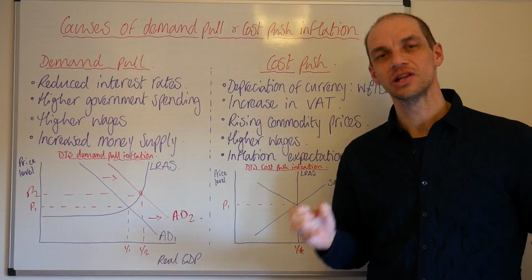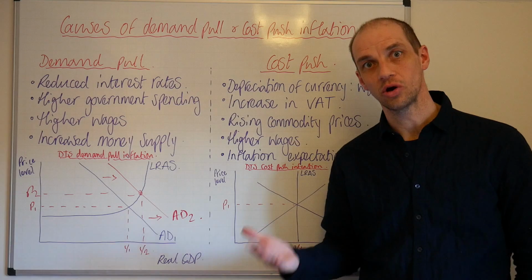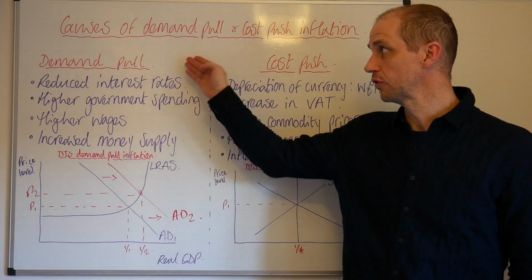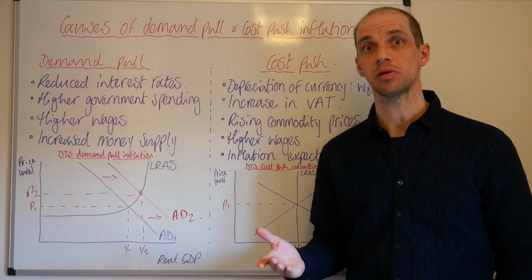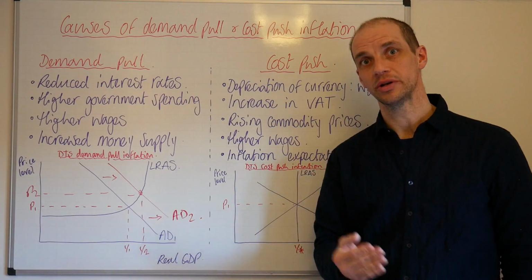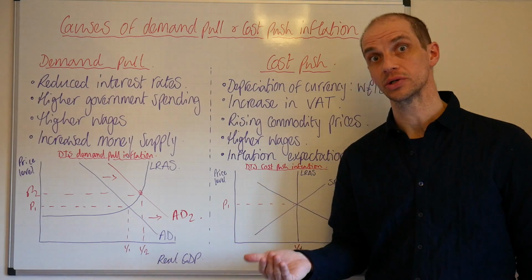Hi guys, so let's look at some of the key causes of demand pull and cost push inflation. Let's firstly start with demand pull inflation. Now remember, what is taking place here is aggregate demand is increasing at a rate above and beyond that of aggregate supply.